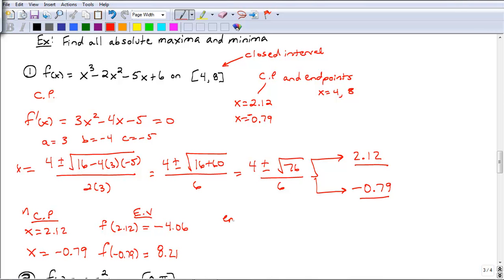And then I also have the endpoints, 4 and 8. So I plug those in. First I'll plug in 4. That gives me 18.